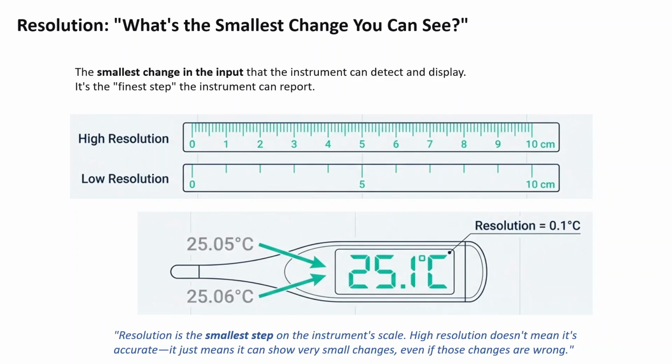And there is a key quote on this slide that's worth reading out loud because it captures something really important. Resolution is the smallest step on the instrument scale. High resolution doesn't mean it's accurate. It just means it can show very small changes, even if those changes are wrong.